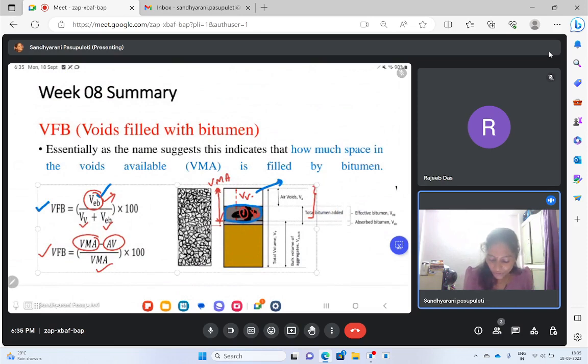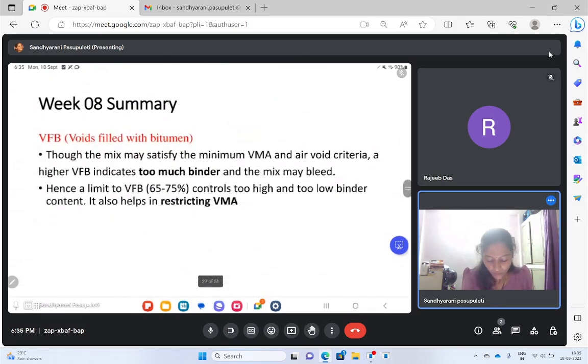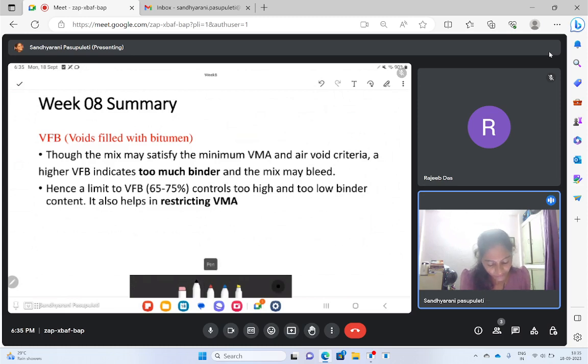So we usually do not need to bother about the VFB, but the code suggests that we should have a range of VFB. That means minimum it should satisfy this much and maximum it should satisfy some percentage. Why does it say that? Let us say if I do not restrict my VFB, here the code suggests that VFB should be 65 to 75%.